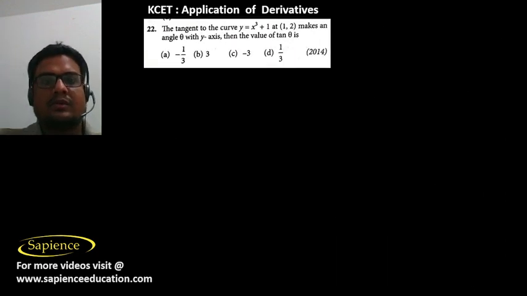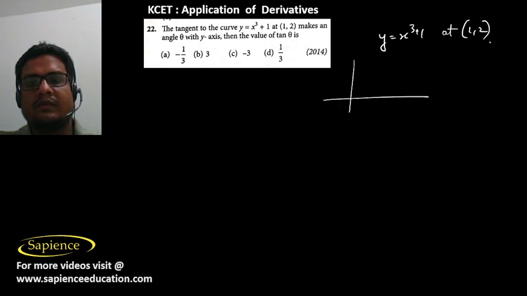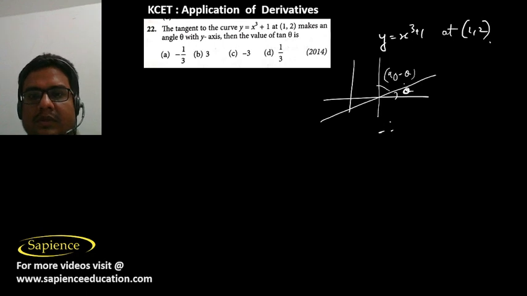Question number 22 is told that the tangent to the curve y equal to x cube plus 1 at the point 1 comma 2 makes an angle theta with the y-axis. The value of tan theta is how much? Now, if any straight line makes an angle theta with the y-axis, then it will make 90 minus theta with the x-axis.